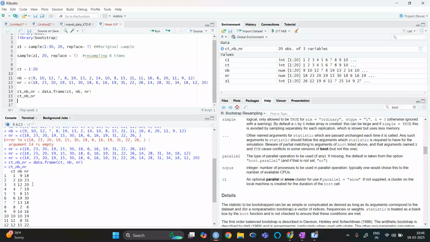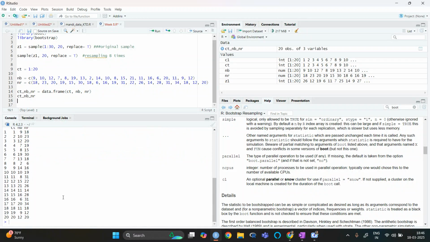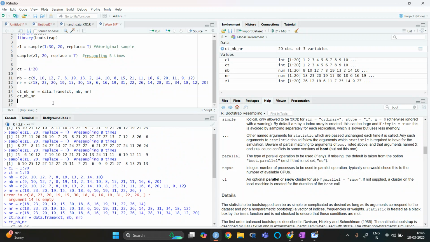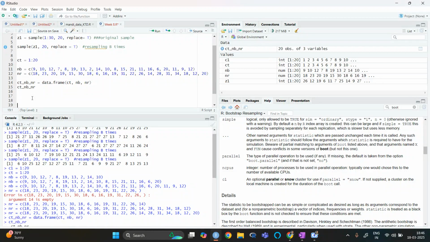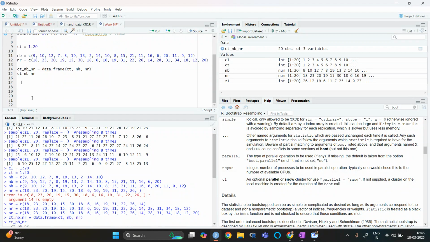Now we will make just one function, and we are doing it to find the correlation.